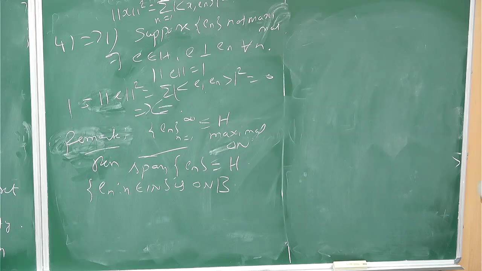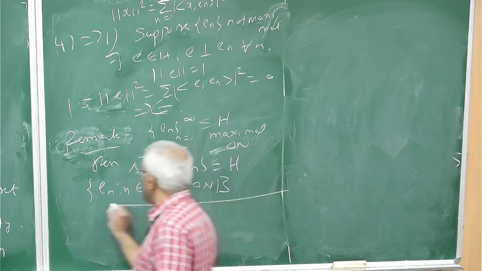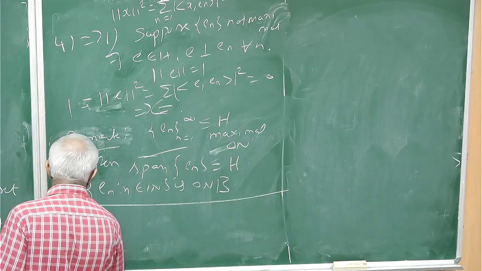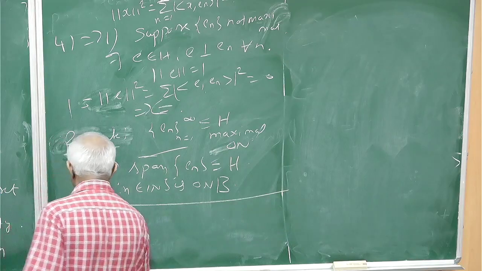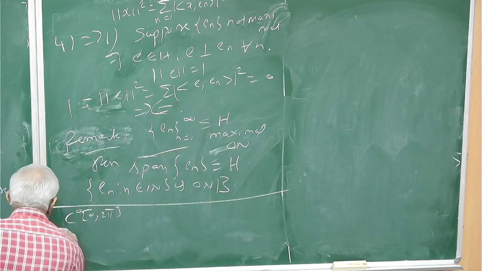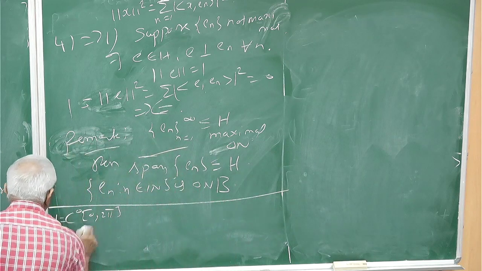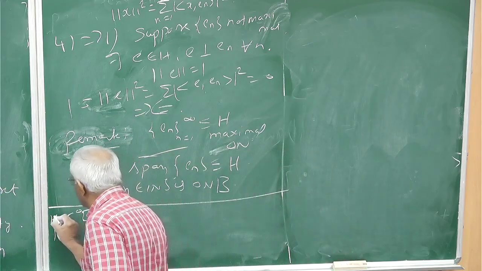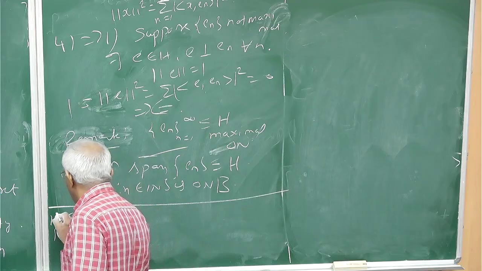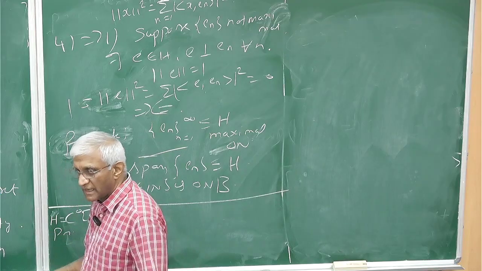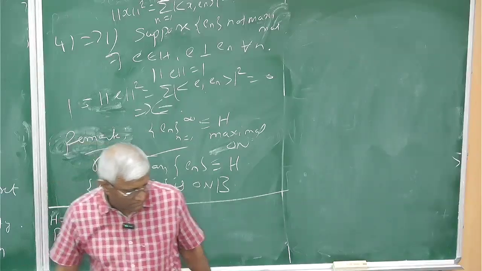Okay. So now let us take C0, 0 to 2 pi. In this, maybe proposition, H is equal to this. I want to take the pre-Hilbert space.